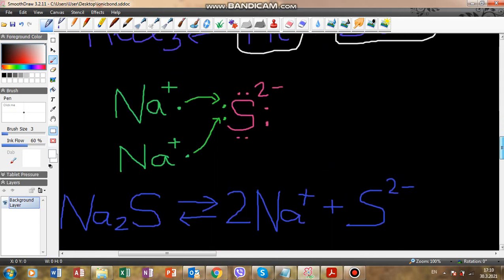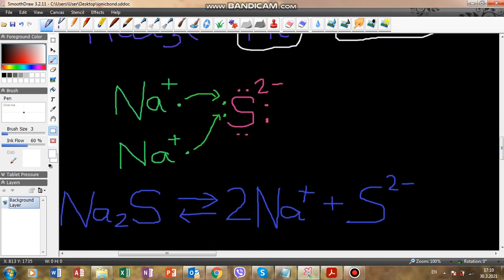And also, on the example of sodium sulfide, we have sulfur, which needs 2 electrons to complete its outer shell, and we have, in this case, 2 sodium atoms or ions, because each of these ions loses its outer shell electron in order to obtain stability in its outer shell.